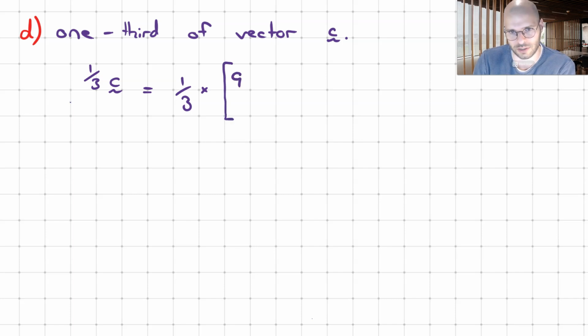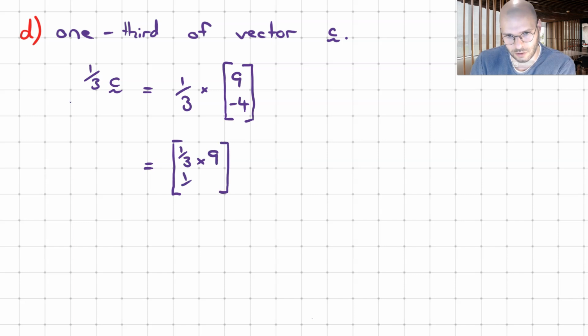We already know it's 9 and minus 4. So when we're taking care of this, we treat it like it's scalar multiplication. So this is going to be 1 over 3 times 9, 1 over 3 times minus 4, 9 over 3, negative 4 over 3.